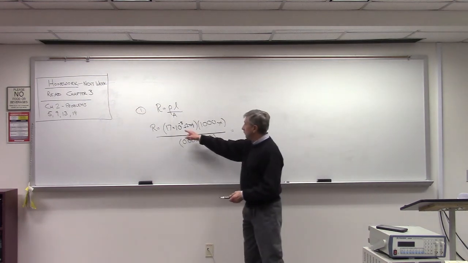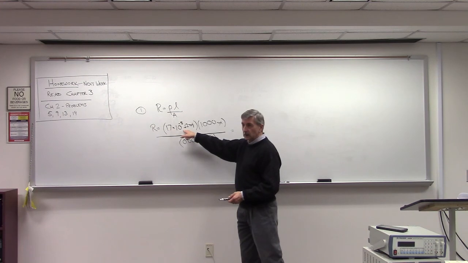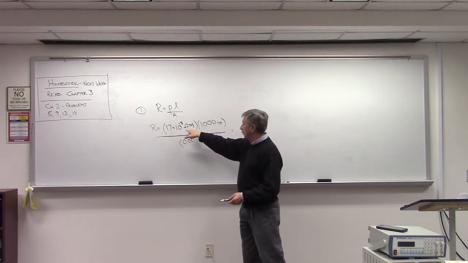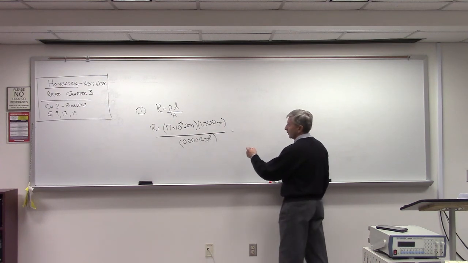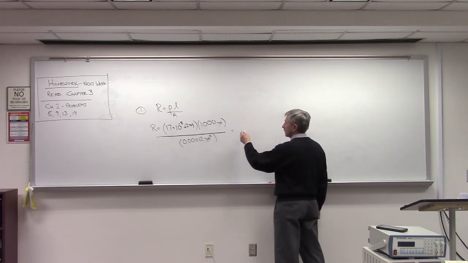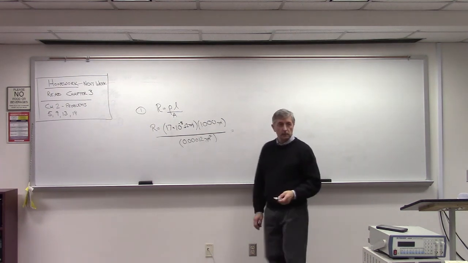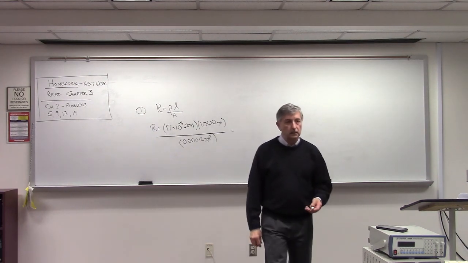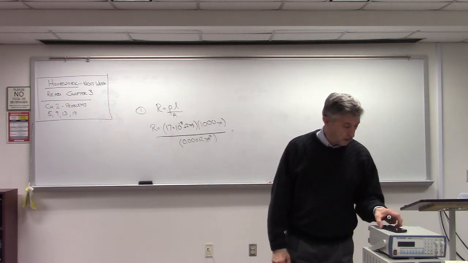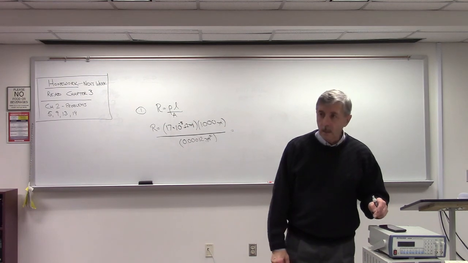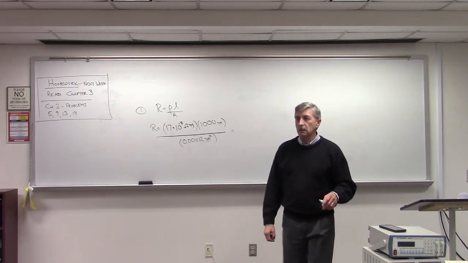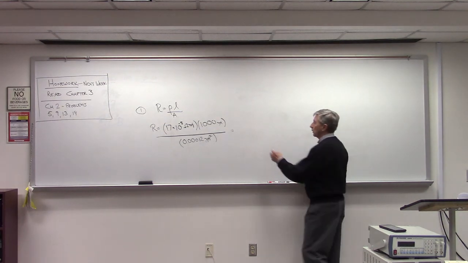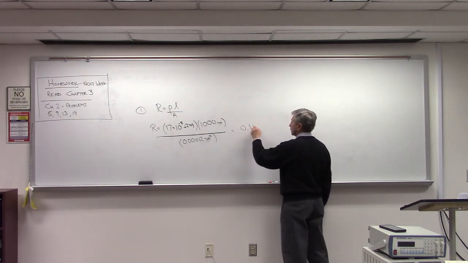So what do you get in scientific notation with this? What's 1.7 times 10 to the minus 8 divided by 0.00012? I don't have a calculator. 0.14 something? 0.141.